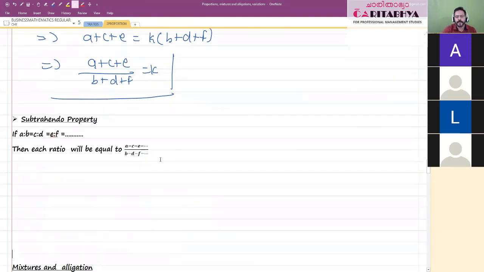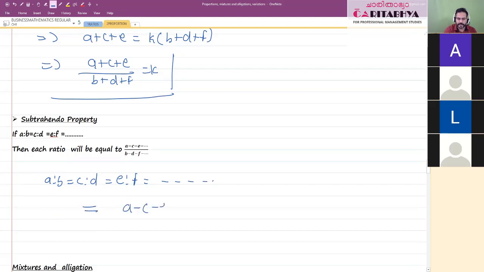Subtractando, so നമുക്ക് addendo property യിൽ പ്ലസ് ചെയ്തു, അതിന് പകരം ഇവിടെ എന്ത് വരും? മൈനസ്. A is to B is equal to C is to D is equal to E is to F equal to etc. So plus ന് പകരം മൈനസ് ആണെങ്കിൽ each ratio will be equal to A minus C minus E minus etc. divided by B minus D minus F minus etc.